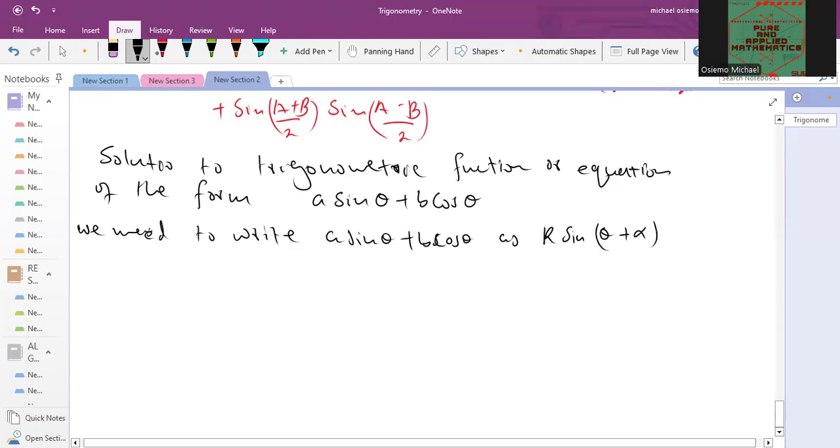What we want to see is the expression for r and the expression for alpha.